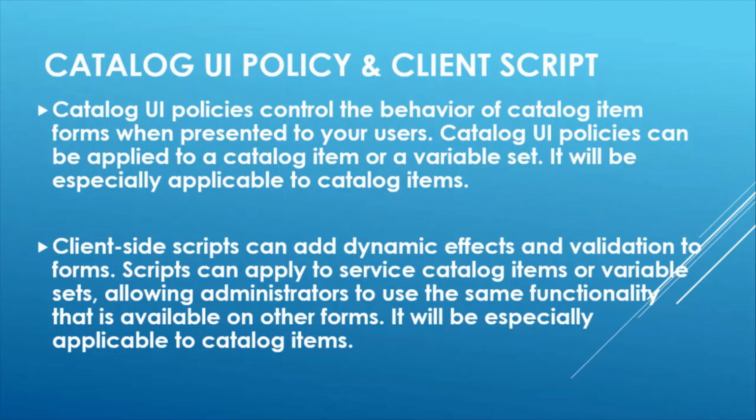UI policy can be used to control the behavior on the form, right? In the same way, catalog UI policy also controls the behaviors on the catalog item forms presented to the user. And catalog UI policy can be applied to the catalog item or a variable set also.